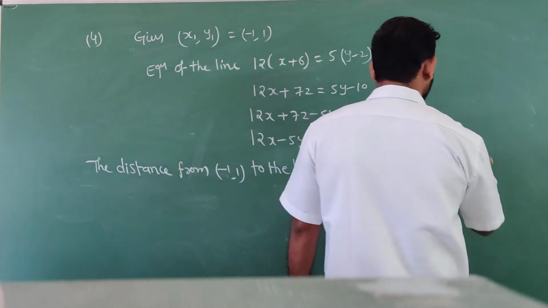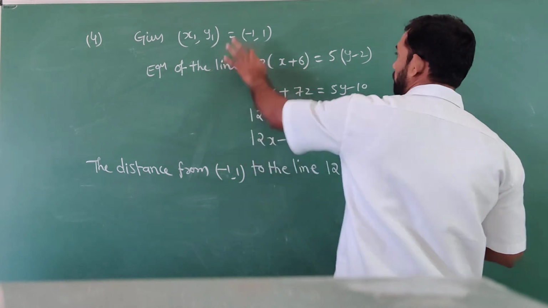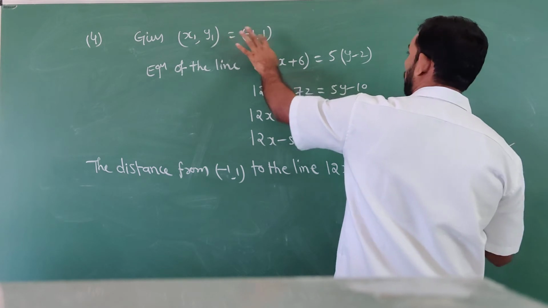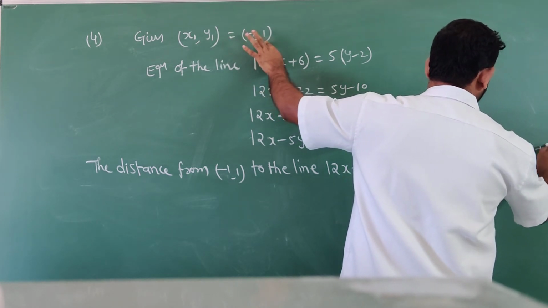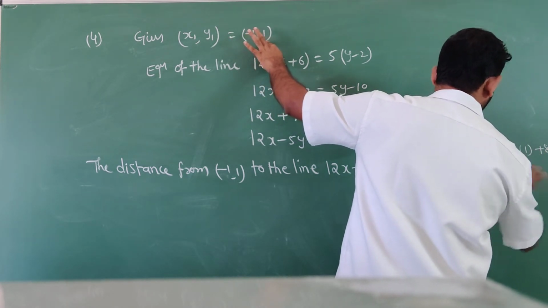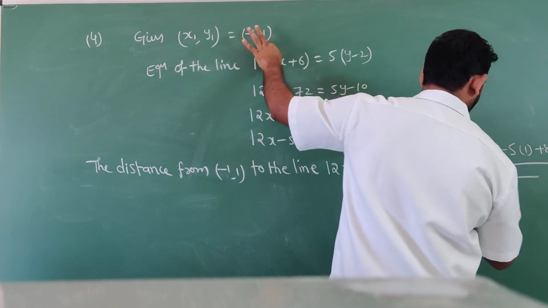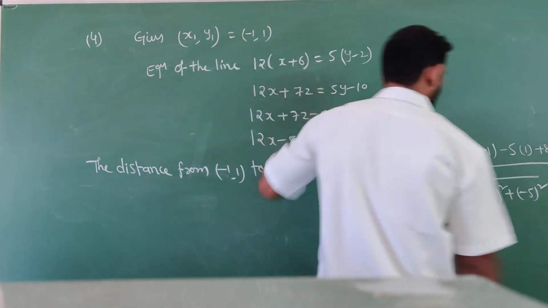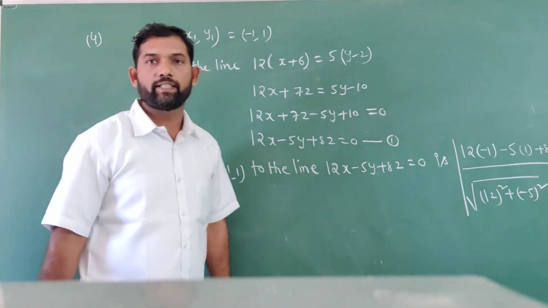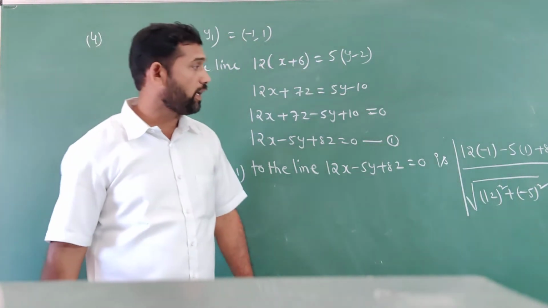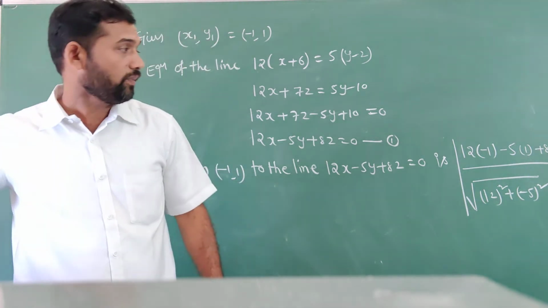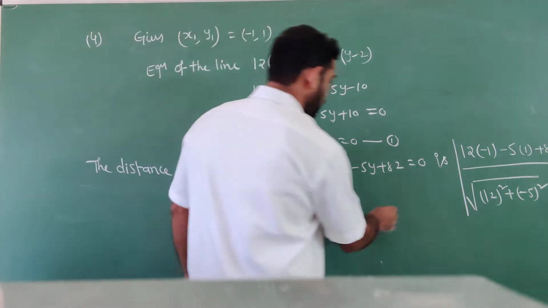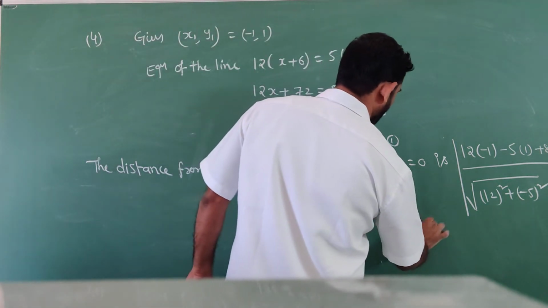Modulus of 12 into, substitute x1 value minus 1, minus 5 into y1 value 1, plus 82, divided by root over 12 square plus minus 5 square. So again you have to simplify. 12 into minus 1 is minus 12.